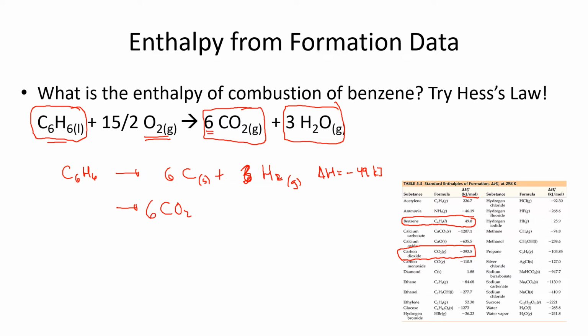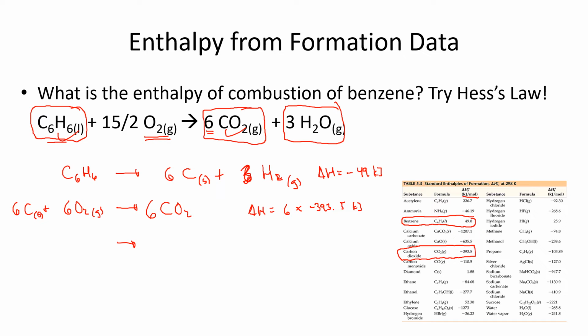That means we're going to need 6 carbons and 6 oxygen molecules, all gases, all solids. And the delta H for that is going to be 6 times the negative 393.5 kilojoules because we have 6 moles of carbon dioxide being made. Great, check, got both of these done.